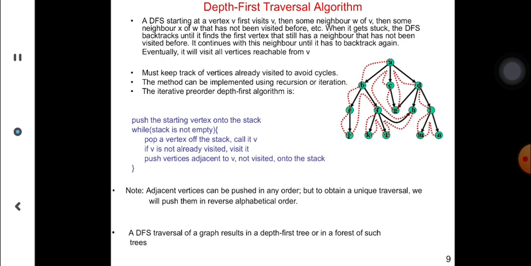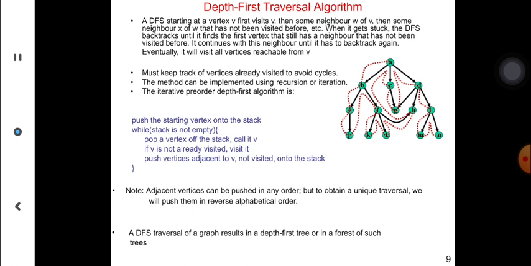Stack means last in, first out, and then you loop. While the stack is not empty, pop the vertex off the stack, and if V is not already visited, visit it, and then push the vertices adjacent to V onto the stack, those not yet visited, and keep going through the stack.